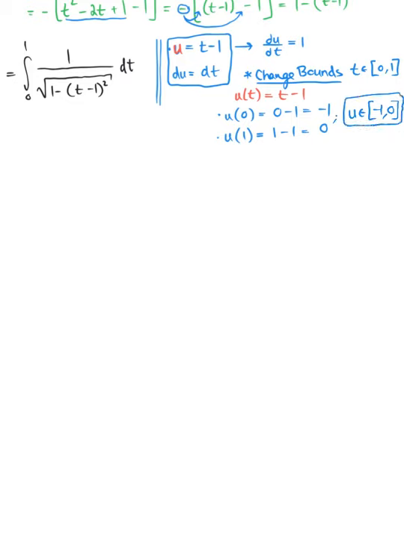So let's plug these in and see what we're left with. So we have the definite integral. So 0 we know becomes negative 1, and 1 becomes 0. And now plugging those substitutions in, we have 1 by the square root of 1 minus u squared du.